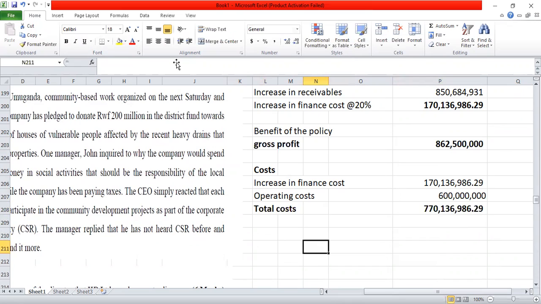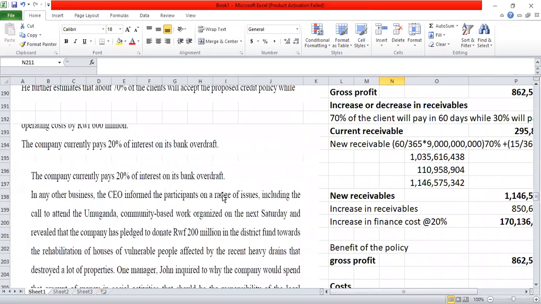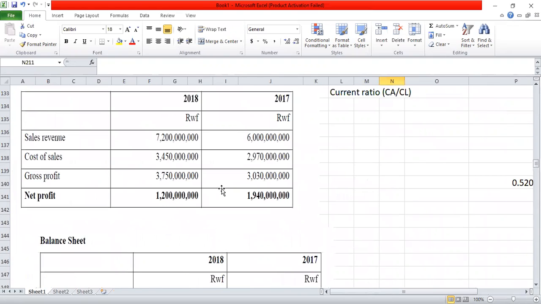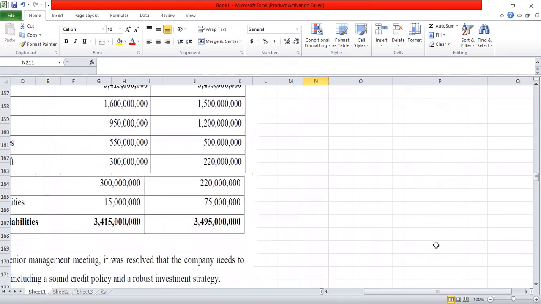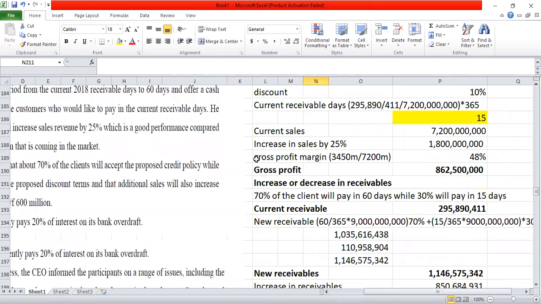I don't know if, look where it is 3750, the gross profit. Someone told me it is... who told me? Gross profit, 3750. Yeah, who made me change here?